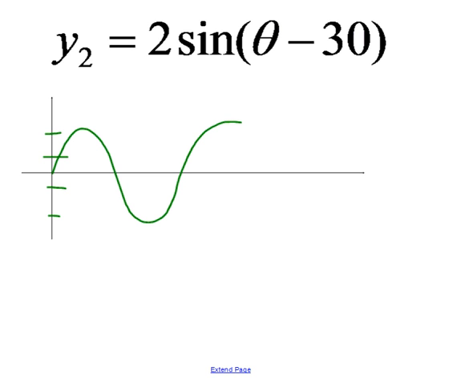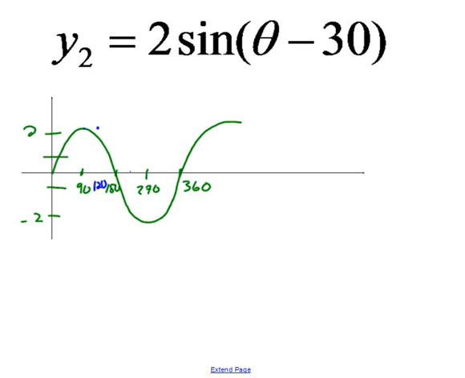Okay, so some points I needed to know were this is 90, this is 180, 270, and 360. So this is 2 and this is negative 2. So now if you're going to shift everything right 30 degrees, this point here is now over here at 120.